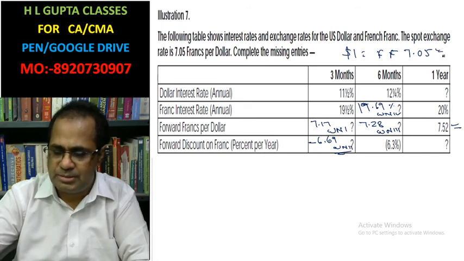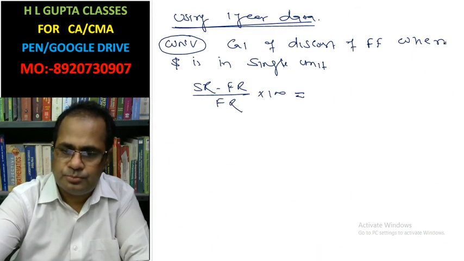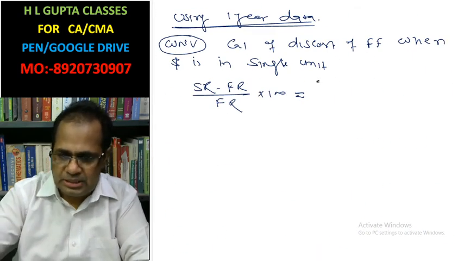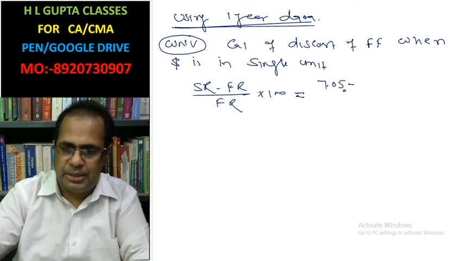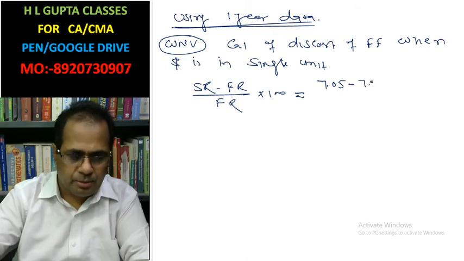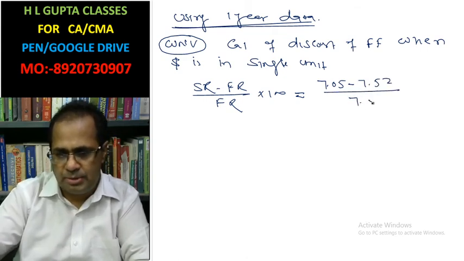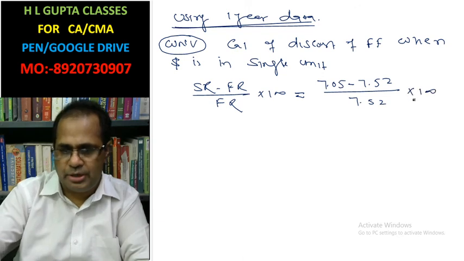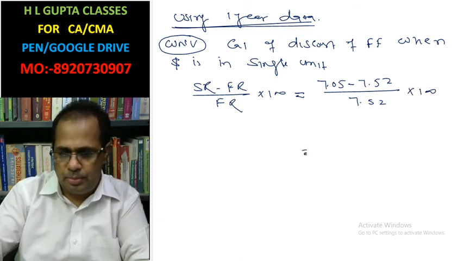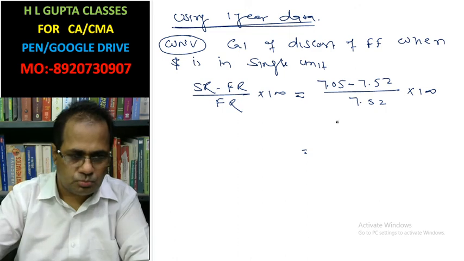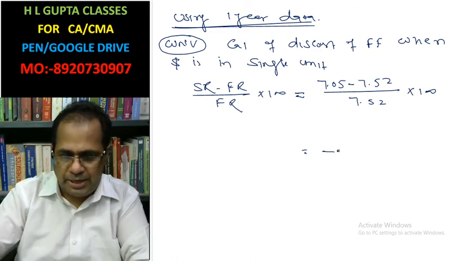Spot rate is 7.05. So 7.05 minus 7.52 upon 7.52 into 100 gives minus 6.25%.